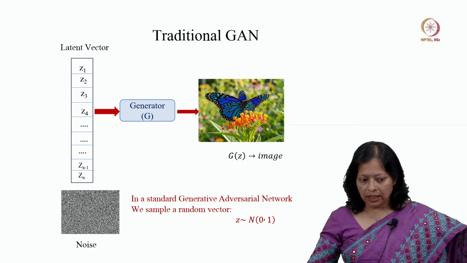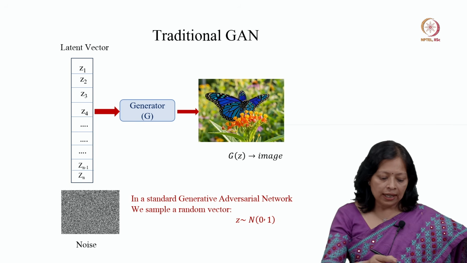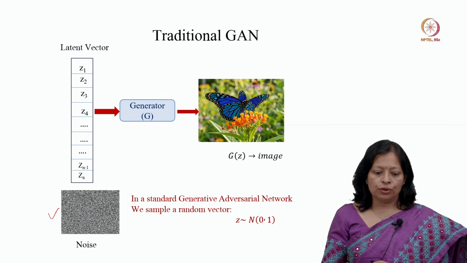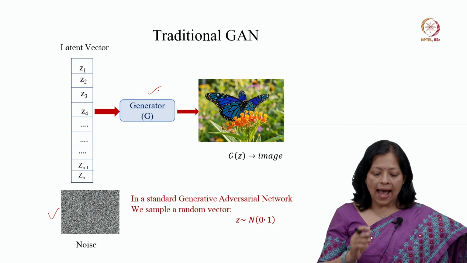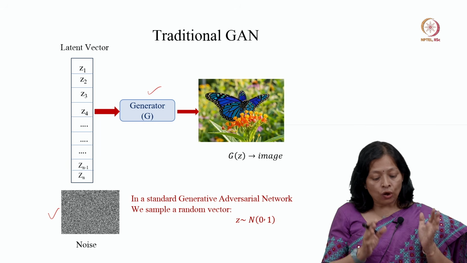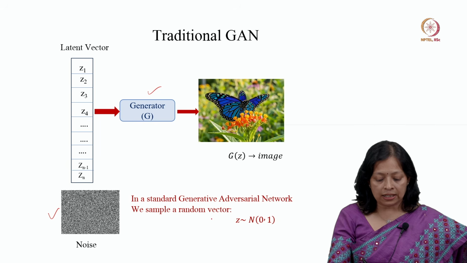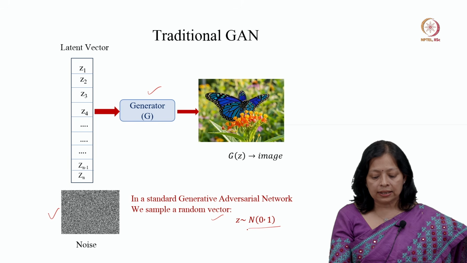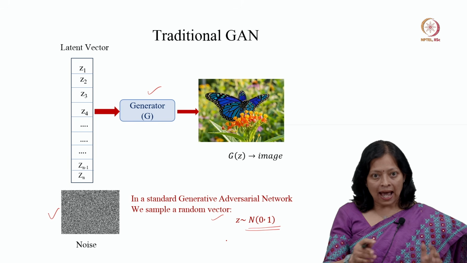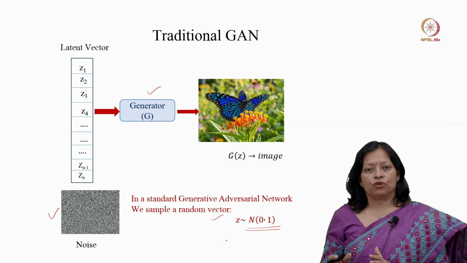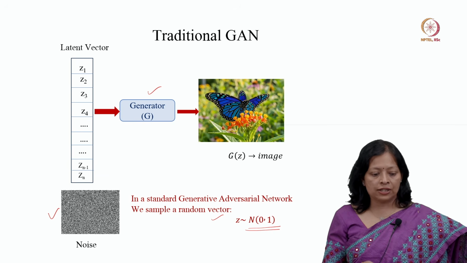Now, we all know in traditional GAN, we give a noise input to the generator, and the noise is basically a random vector which is sampled from a normal distribution with mean 0 and variance 1.